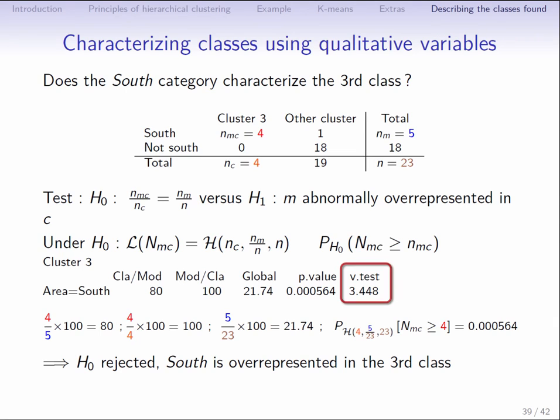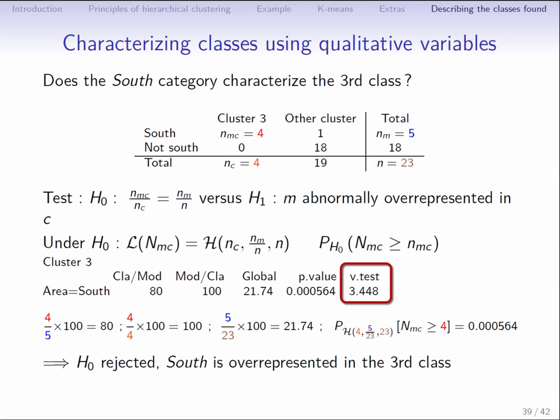The test statistic itself, which is just a way of converting the p-value into a quantile of a normal distribution, also provides this information. If its absolute value is greater than 1.96, we can say that the category of interest characterizes the class of interest.